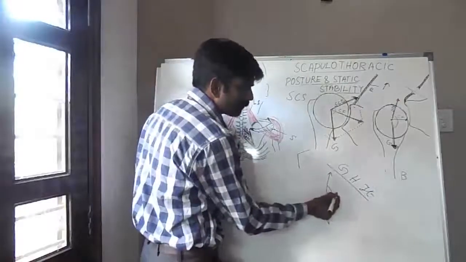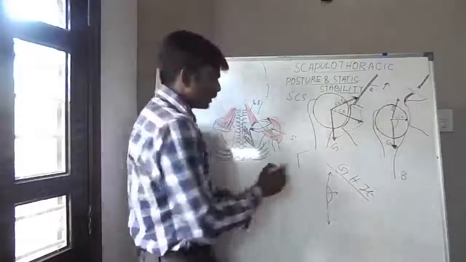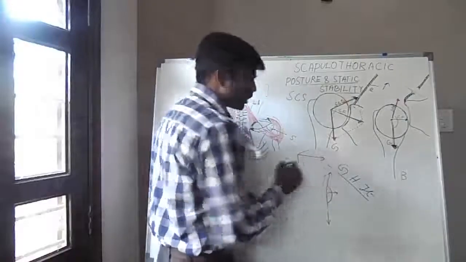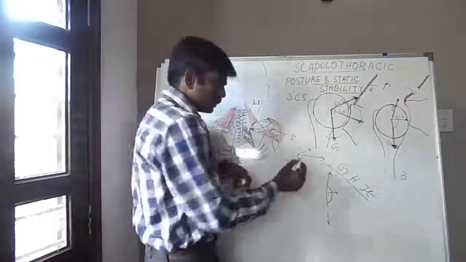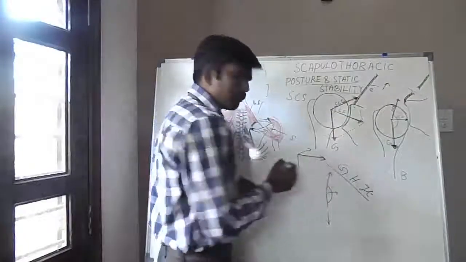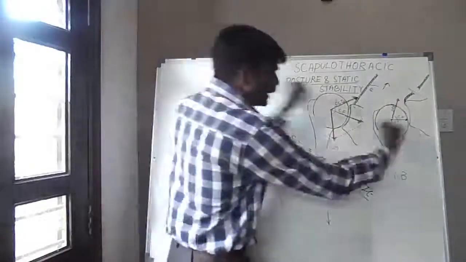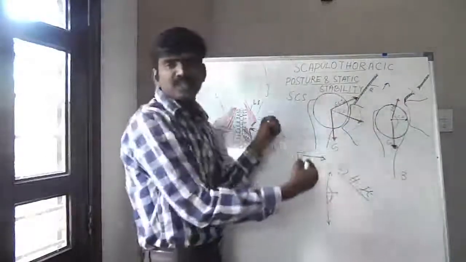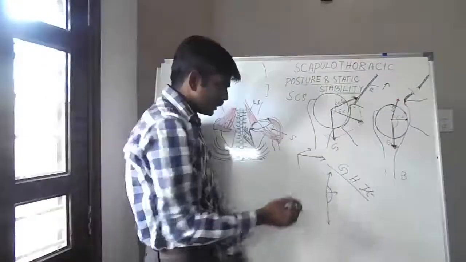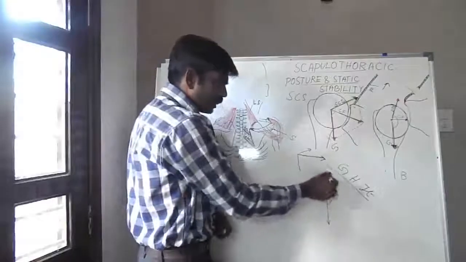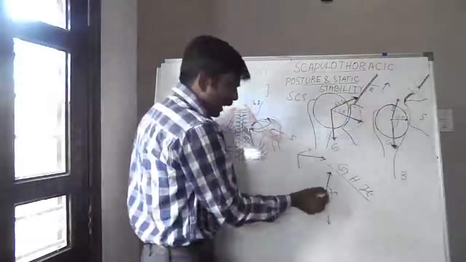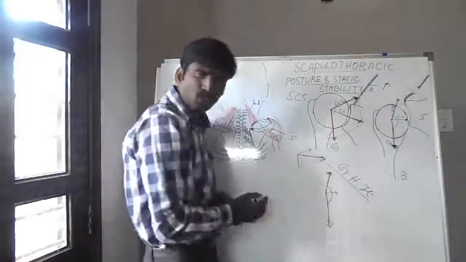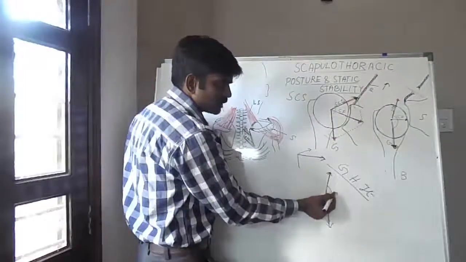Now the compression force is reduced. Previously the compression force was more. Clear? In ideal posture, the compression force will be maximum, which helps to lock the humerus with the scapula. Clear? And now, because the scapula is not in ideal posture and gravity is acting more, the compression force is less.